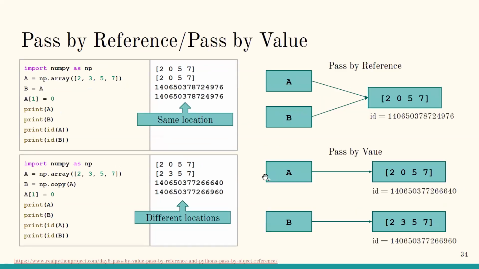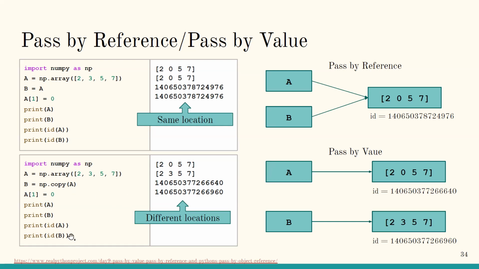The proper terms in computer science are pass by reference and pass by value. Pass by reference means you are passing the address only. Pass by value, you are passing the value only. So if you use copy here, you're passing the value and generating a new variable.